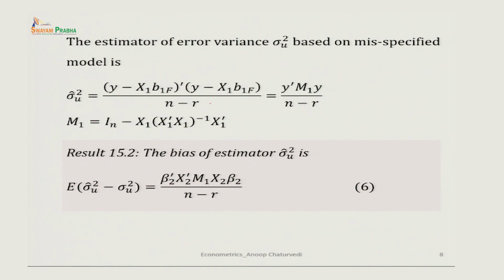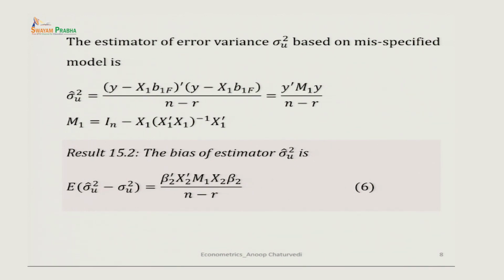Remember that in the misspecified model you have r explanatory variables. So, we divide by n minus r. Then we can write the numerator as y transpose m 1 y, where m 1 is equal to I n minus x 1 x 1 transpose x 1 inverse x 1 transpose.